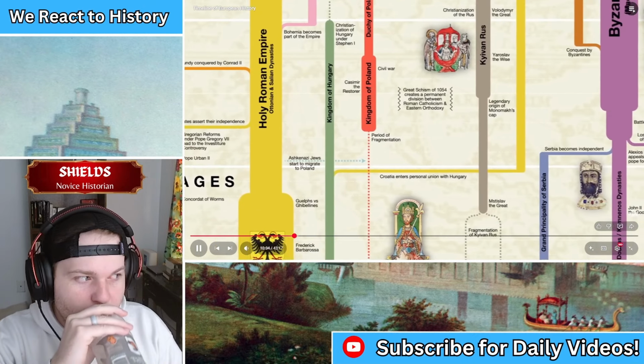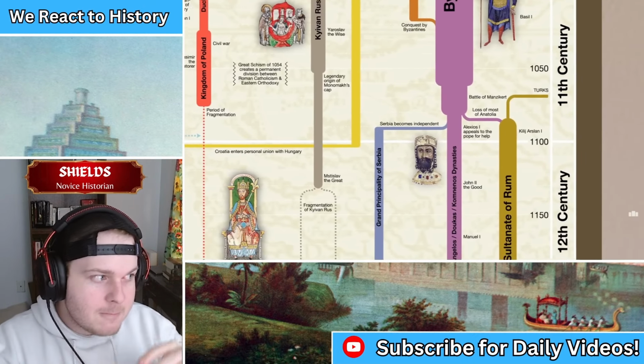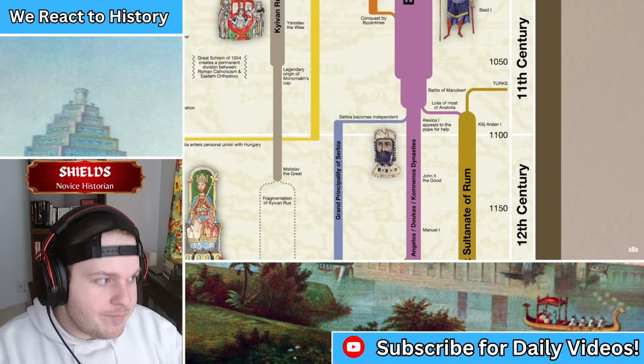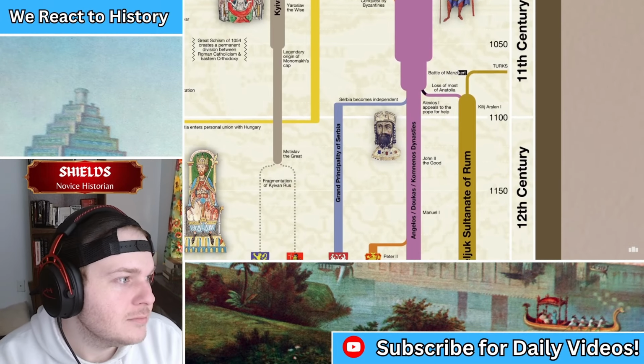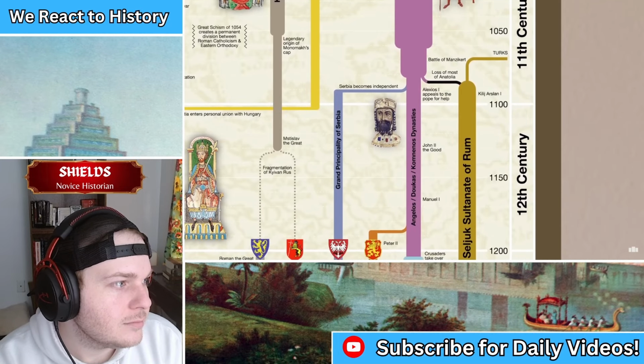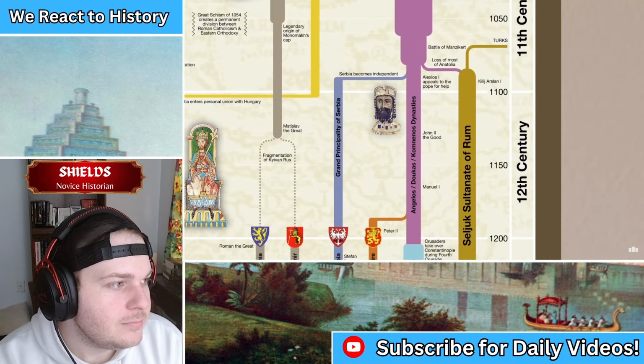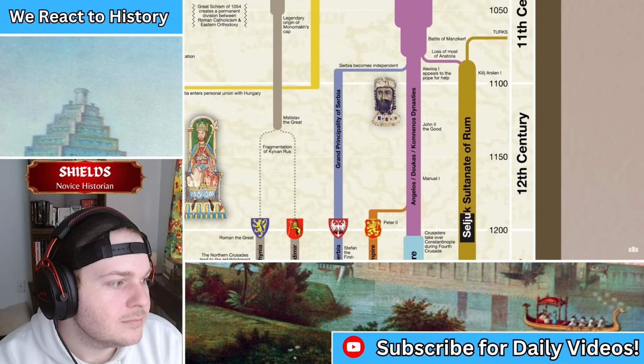Another key event that happened around this time was the Turkish invasion of Anatolia. Following the decisive Battle of Manzikert in 1071, the Byzantines lost most of this territory to the Seljuks, who established a new state there called the Sultanate of Rum.